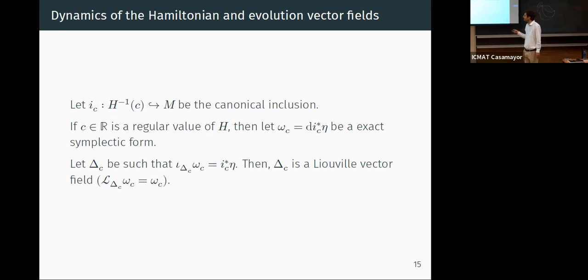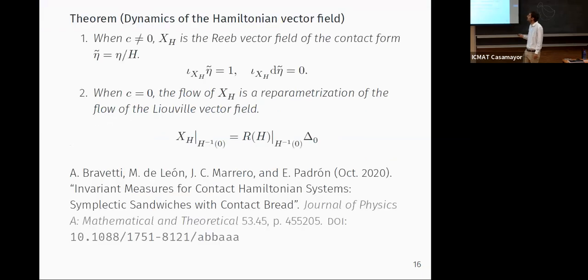Now you can take this Liouville vector field, which is the dual of the restriction of the contact form. Being a Liouville vector field means that the Lie derivative of the symplectic form along the vector field is the symplectic form again. It kind of scales the symplectic form exponentially.